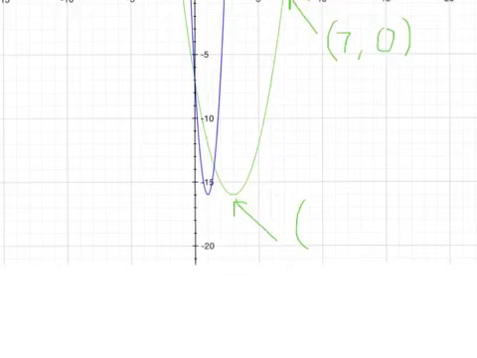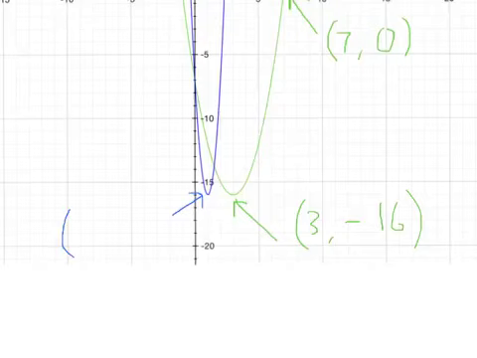So that's at 3, minus 16. And what's my minimum point for my blue one that's been squished, as we said? Well, that's actually going to be 1, minus 16. Okay, so two things that we can have a look at and compare.